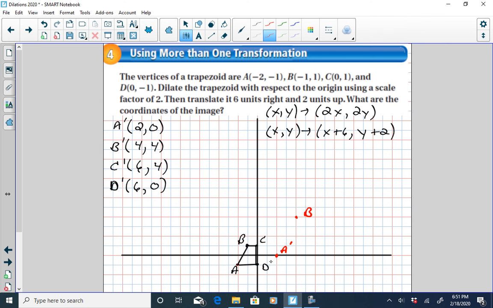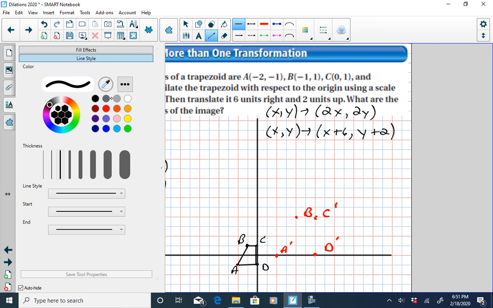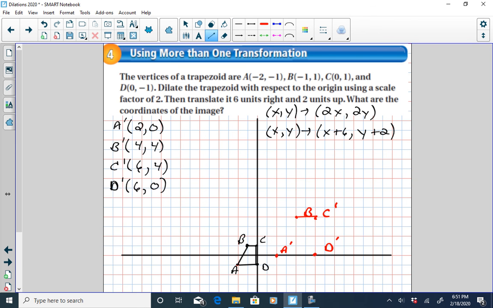C prime is (6, 4), 2, 4, 6, comma 4. There's your C prime. D prime is (6, 0), 2, 4, 6, comma 0. There's your D prime. All right, so the figure should be translated, it should be enlarged, the figure should be similar, and it looks something like that.